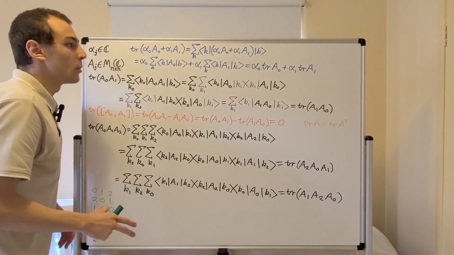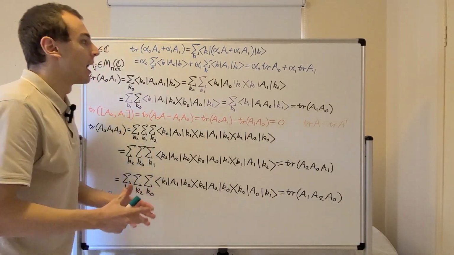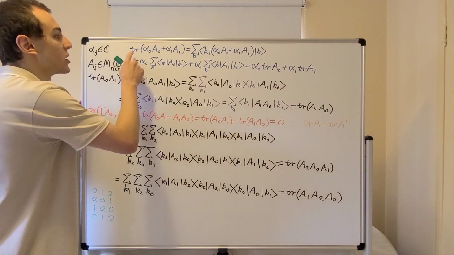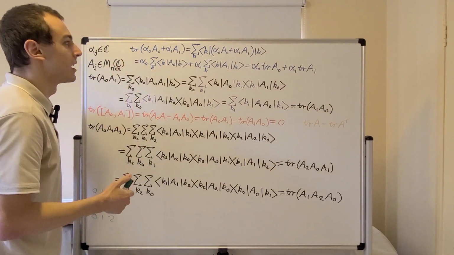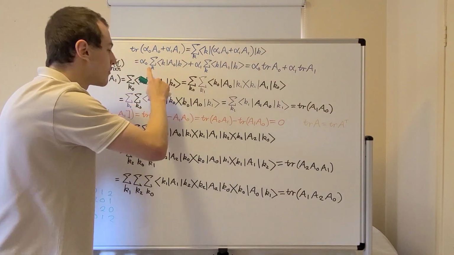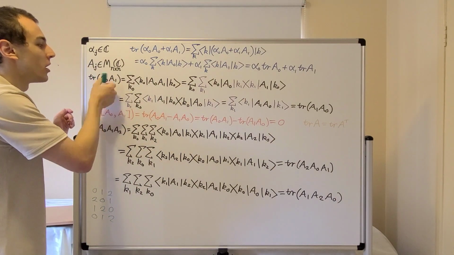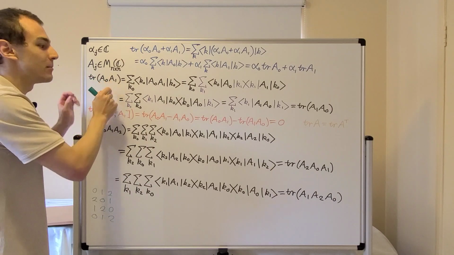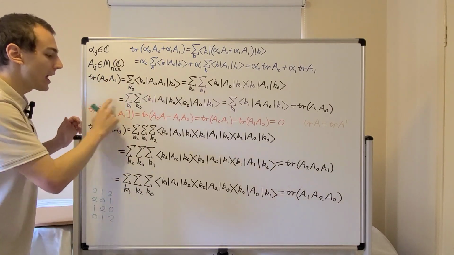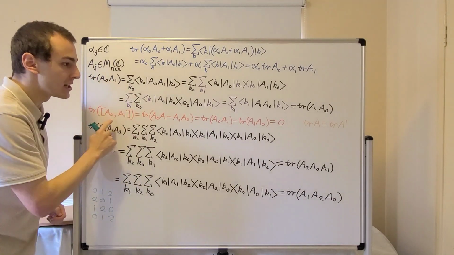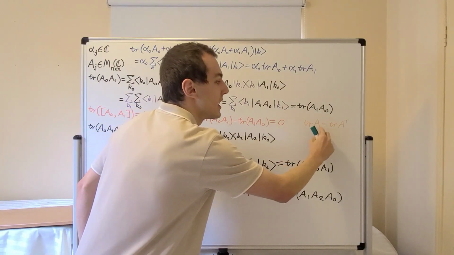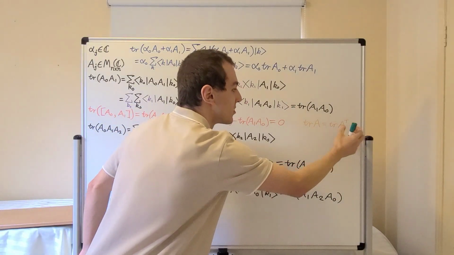So in this video, we saw some very important properties that are associated with the trace of matrices. We saw this property of linearity. We saw this symmetric property where you can swap the order of matrices when you're multiplying them inside the trace. We saw what happens when you take the trace of a commutator. We saw what happens when you take the trace of the transpose of a matrix.